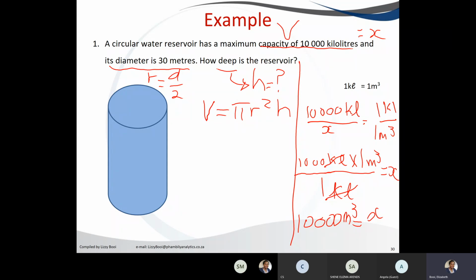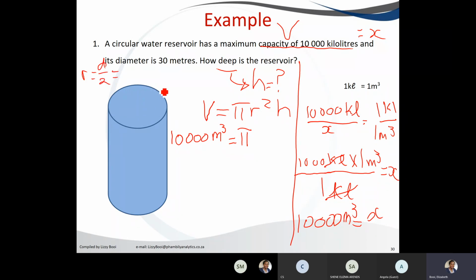So we know what our volume is, so we can come to the volume formula and substitute. Our volume is 10,000 meter cube equals pi r squared h. We need to go find the radius. Our radius is diameter over 2.